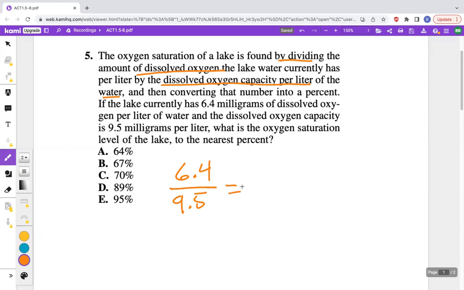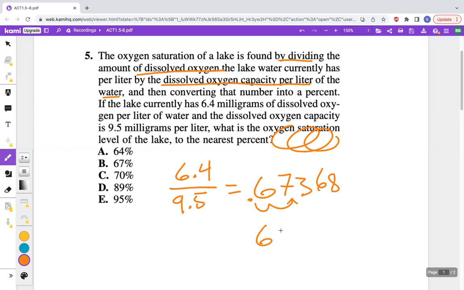I'm going to use my handy dandy calculator. And I get, as a decimal, let's see, 67. Well, this is going to go on for a little while. To convert that to a percent, I just bump the decimal over. So I'm looking for something in this range. These are all whole numbers, so I'm just going to quickly grab my answer, B.